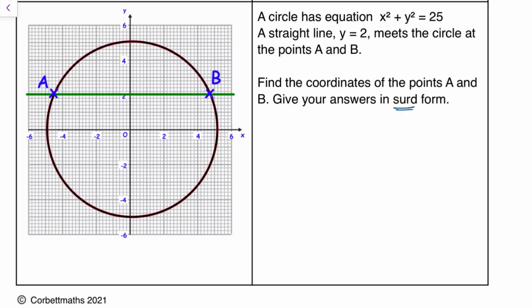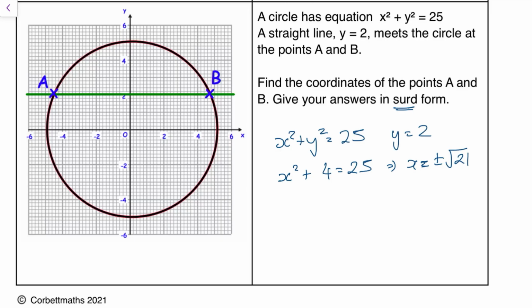What do we have? Well, we have an equation x squared plus y squared equals 25. And we also have a line y equals 2. So I know that y equals 2 at the points A and B, so therefore x squared plus 2 squared is 4, equals 25, which means that x squared equals 25 minus 4 is 21, so x equals plus or minus the square root of 21.